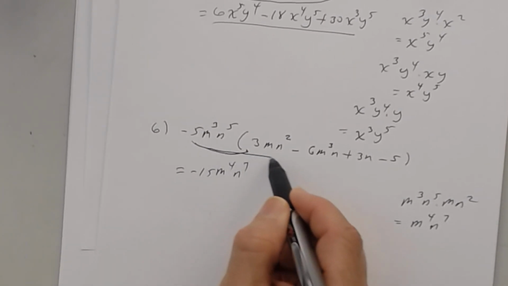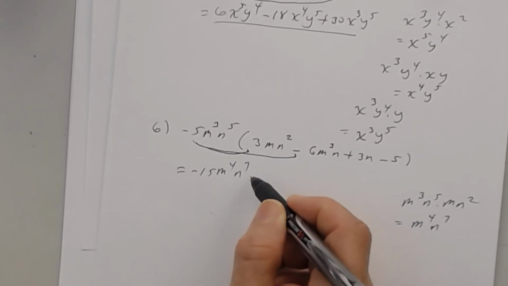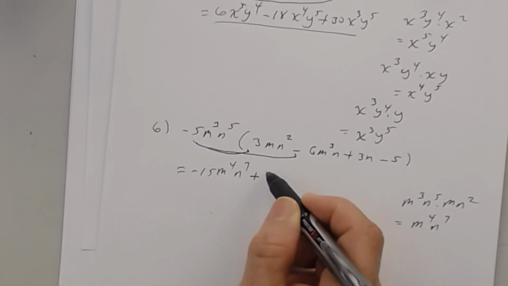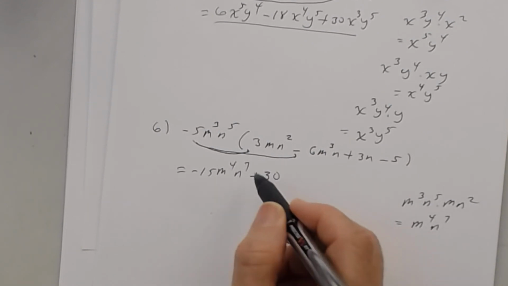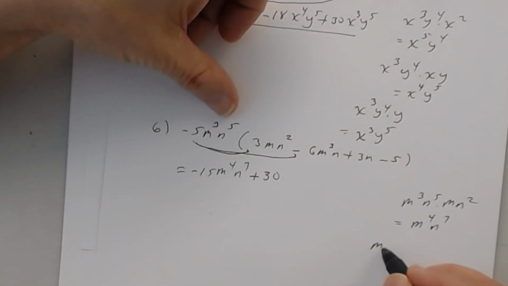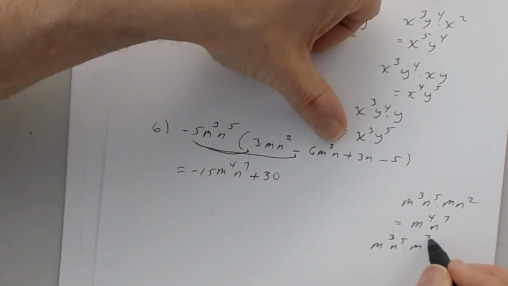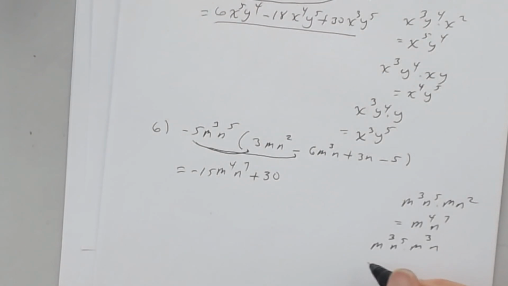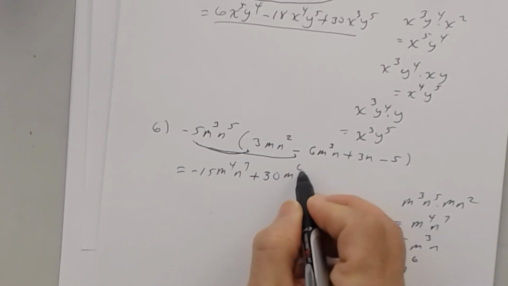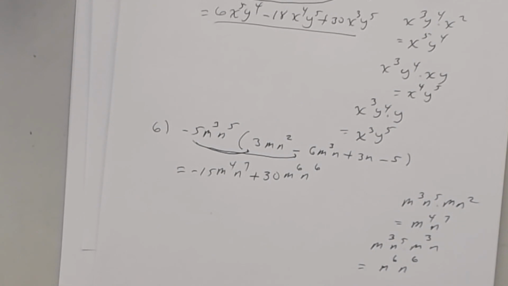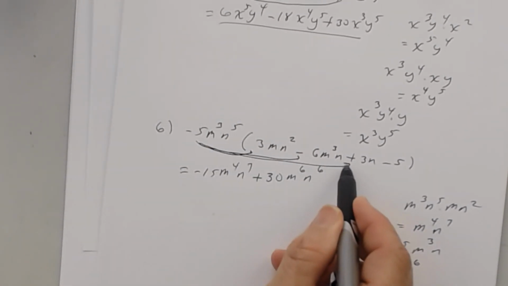What's a negative 5 times a negative 6? Positive 30. All right, so now I have m cubed n to the 5th times m cubed n. So m to the 6th, right? N to the 6th. So that's 30m to the 6th n to the 6th. What's a negative 5 times 3?